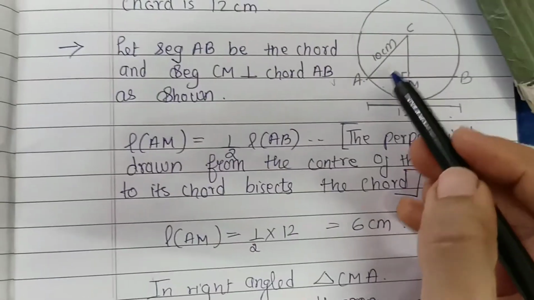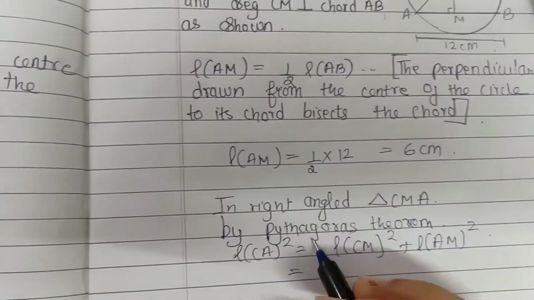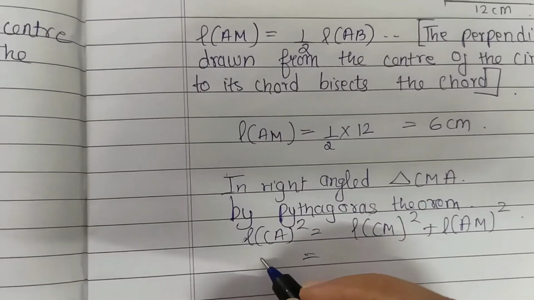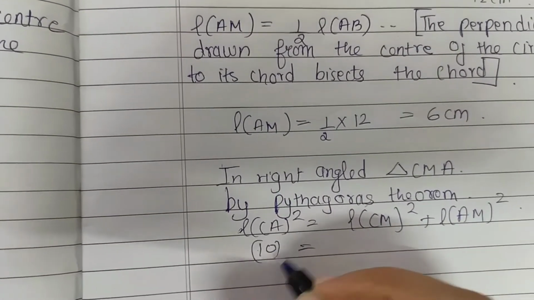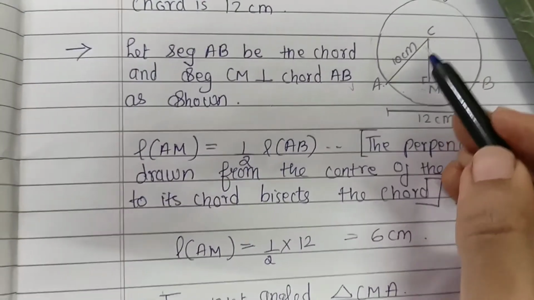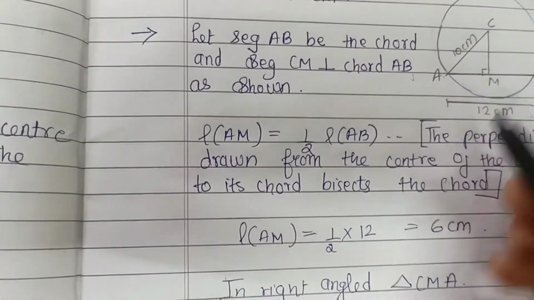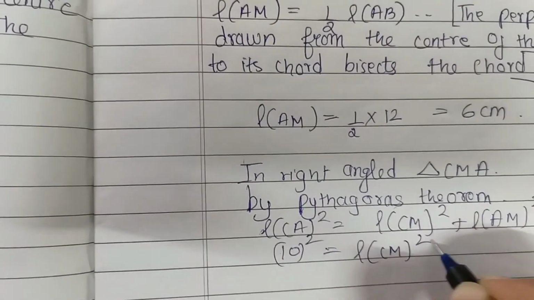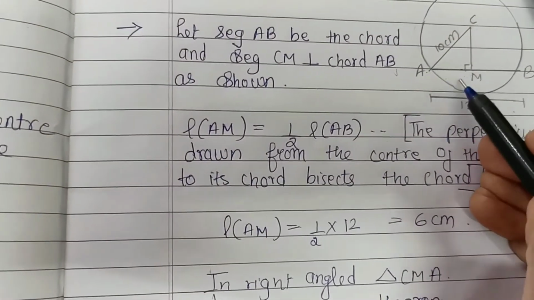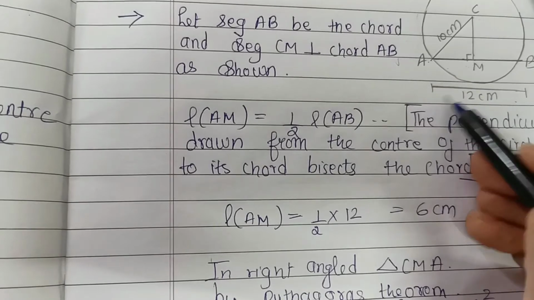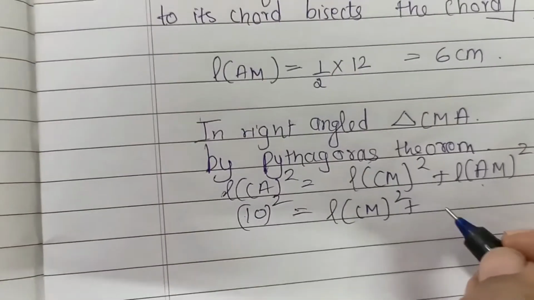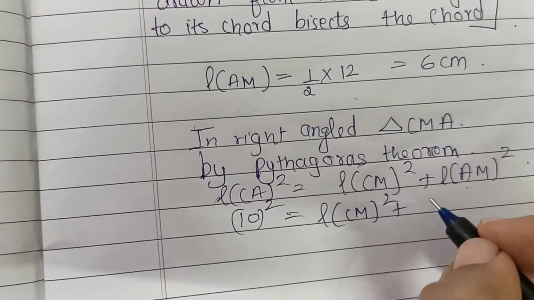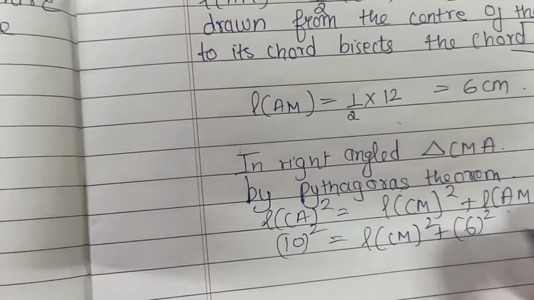Now length CA is given, that is 10. Length CM is not given, that is what we have to find out, so we'll write it down as it is. And length AM is half of the chord, that is half of 12, that is 6. So we'll write down and now we'll solve this.